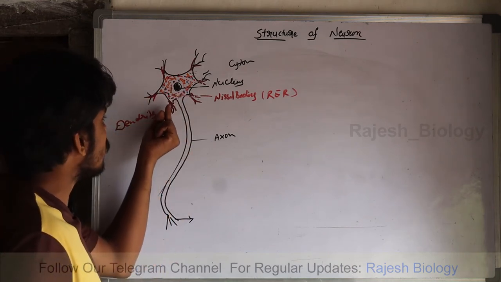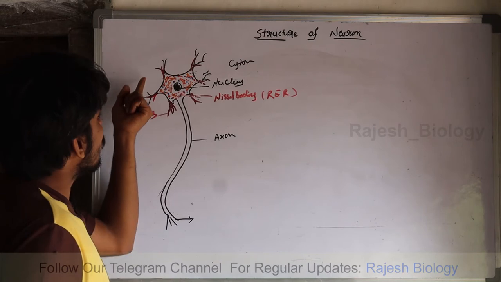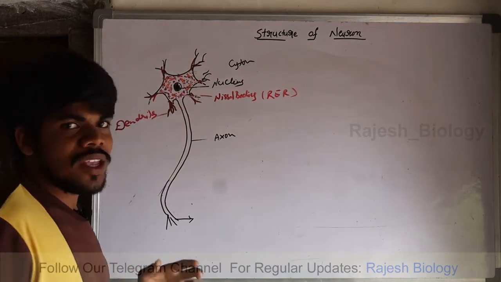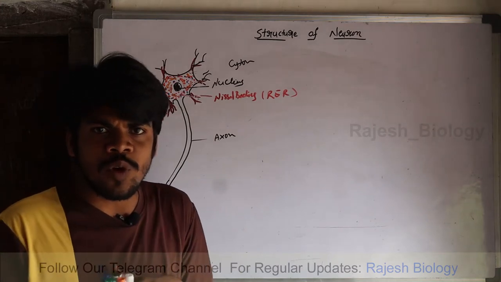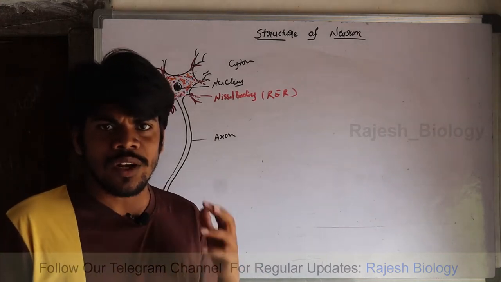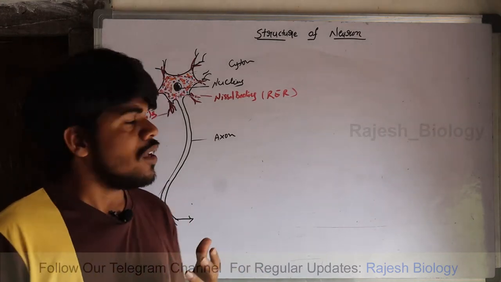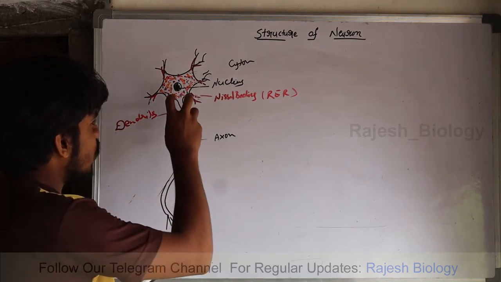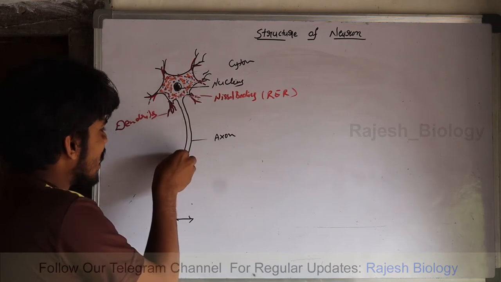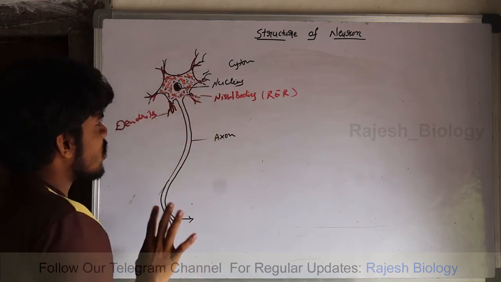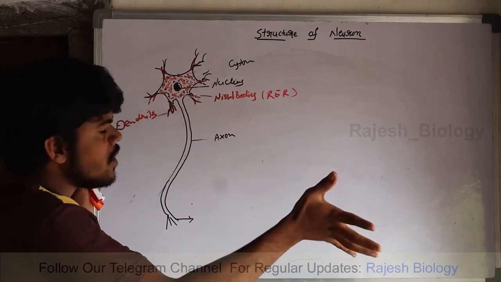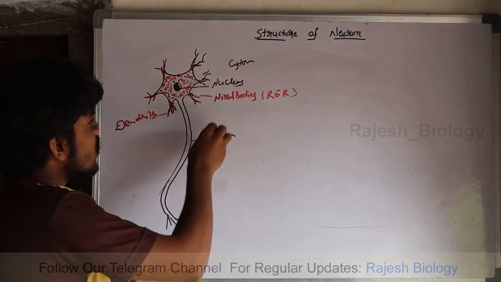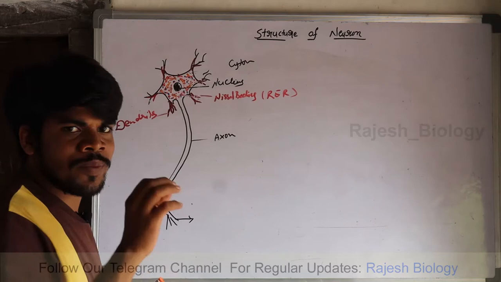Because it has so many projections known as dendrites and a single axon. If any neuron has more than two projections, that is, two or more dendrites and one axon, it is known as a multipolar neuron. The cyton gives finger-like projections known as dendrites. In dendrites also, Nissl bodies and neurofibrils are present.